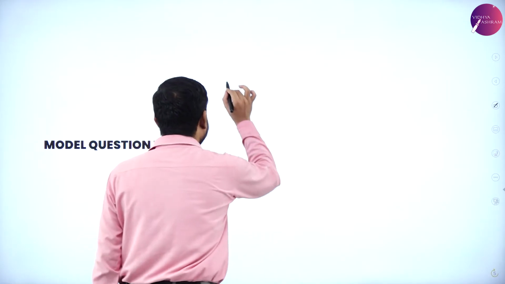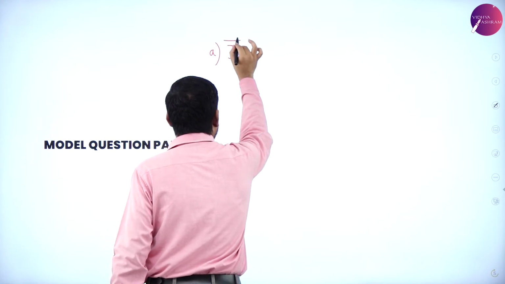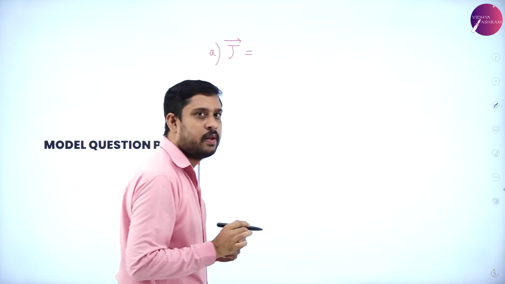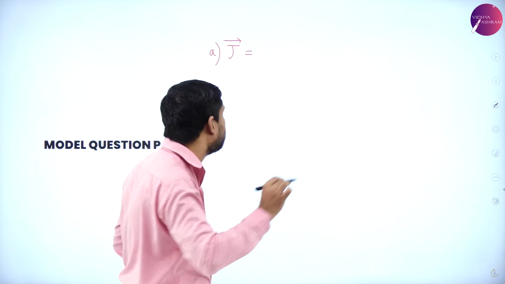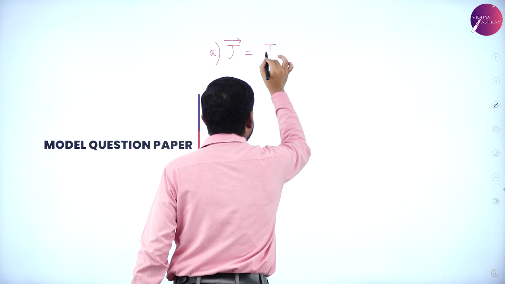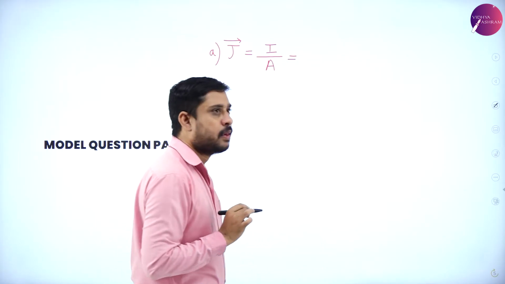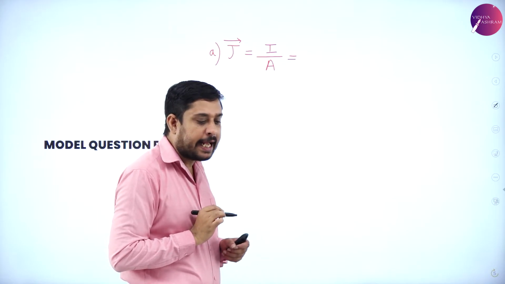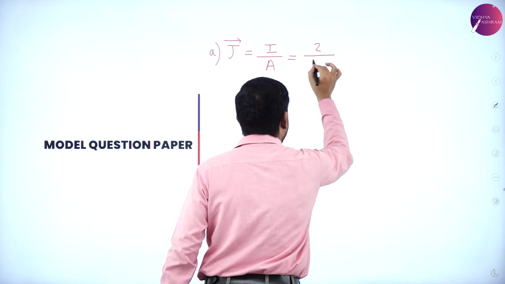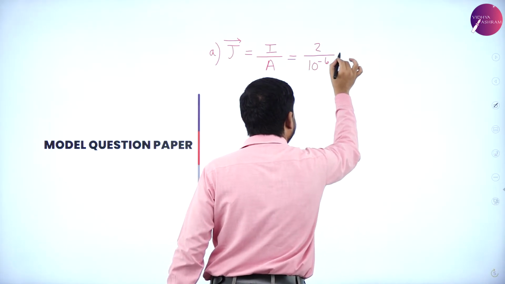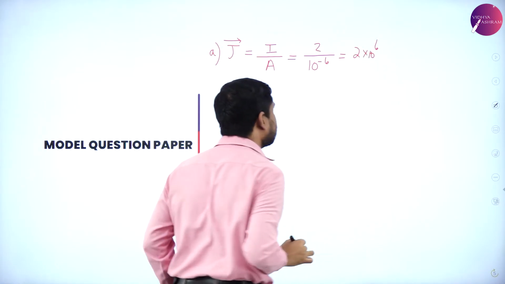The first part of the calculation is the current density J. If you remember, what is the expression for J? It is nothing but I divided by A. I is 2 ampere, A is 10 power minus 6, so J is 2 into 10 power 6.